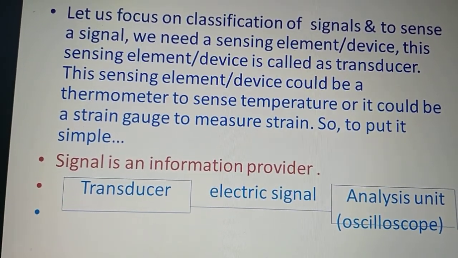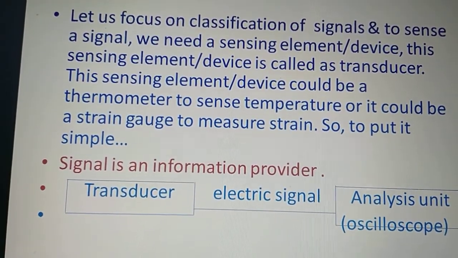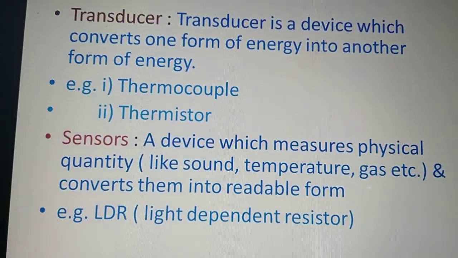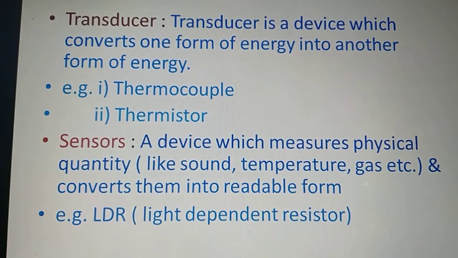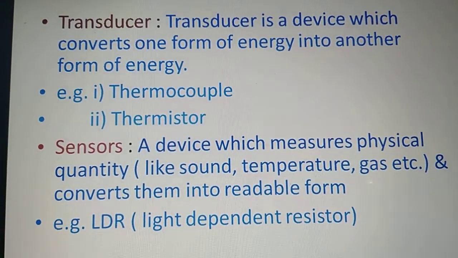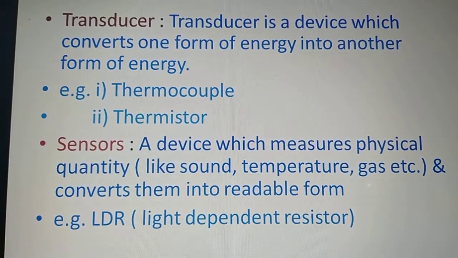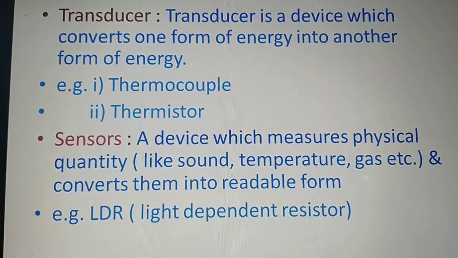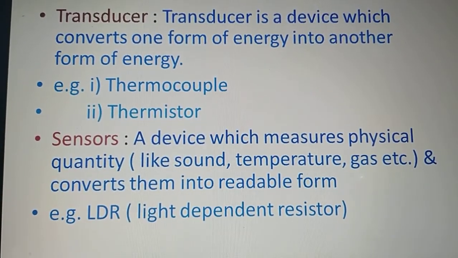An oscilloscope is an analysis unit, and I am sure we studied this oscilloscope in the earlier standards. This we studied last time, and I think we studied the definitions of transducers and sensors also. A transducer is a device which converts one form of energy into another form of energy, and the best examples of transducers are the thermocouple and thermistor.